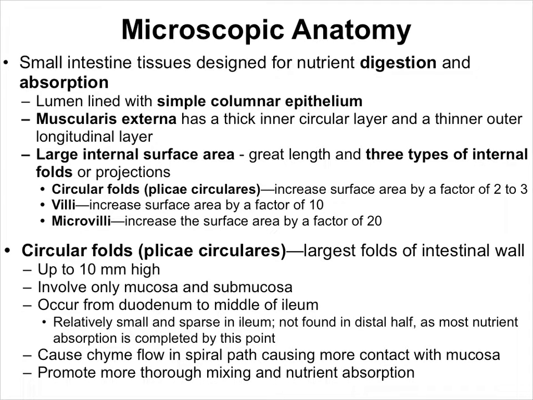The lumen contains simple columnar epithelium. The fact that it's simple makes it much easier to move absorbed nutrients through it and into the blood supply. But it is columnar, making it a little bit tougher and also giving plenty of space for tight junctions.